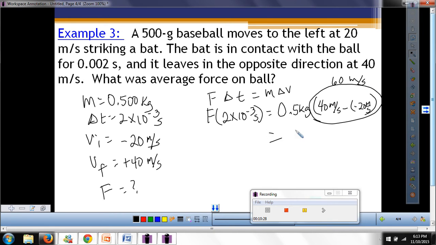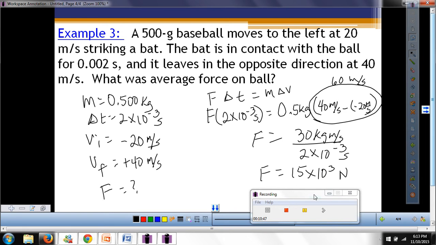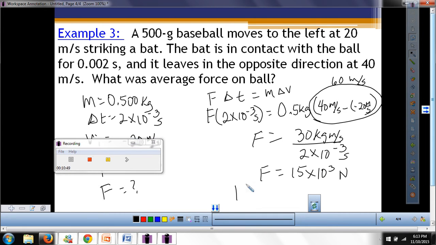So if I take 30 kilogram meters per second and divide it by 2 times 10 to the minus third, that should give me my force. So 30 divided by 2 is 15 times 10 to the third newtons, which is the same as saying 1.5 times 10 to the fourth newtons.